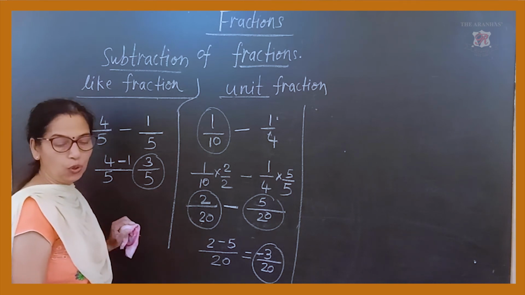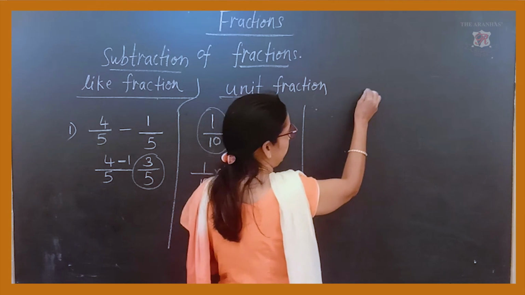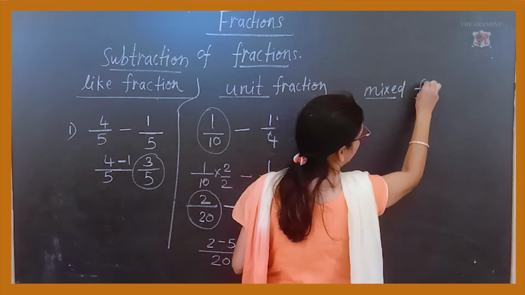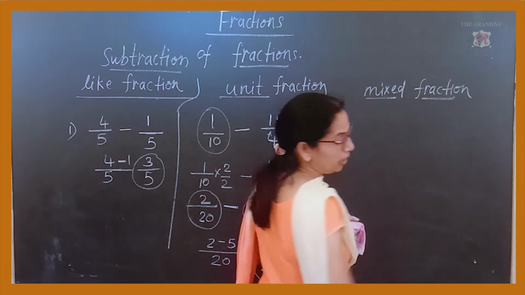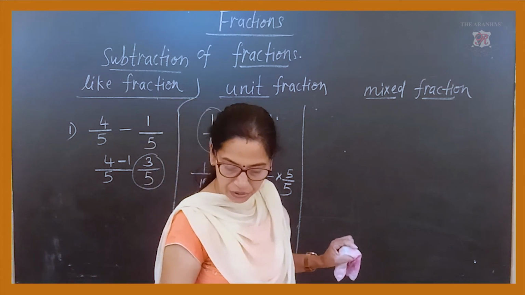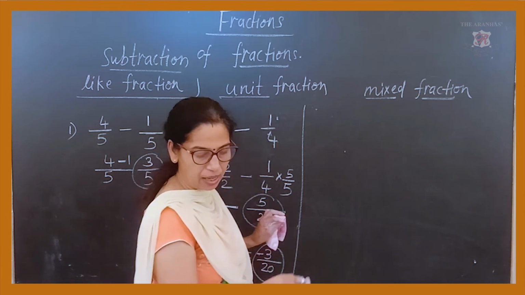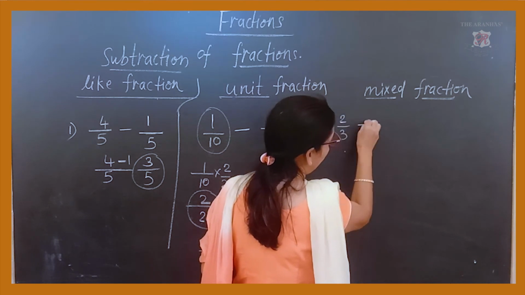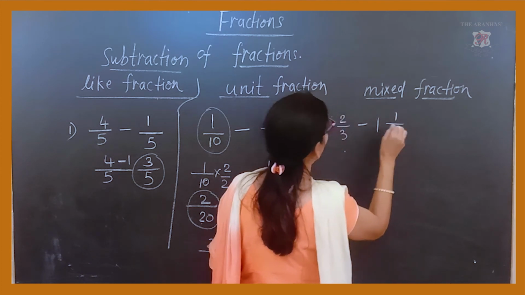Okay, now we will go to the next point, that is the subtraction of mixed fractions. When we carry out the subtraction for mixed fractions, suppose one example is given here, 2 integer 2 upon 3 and 1 integer 1 upon 2.